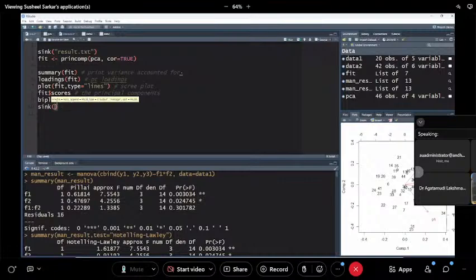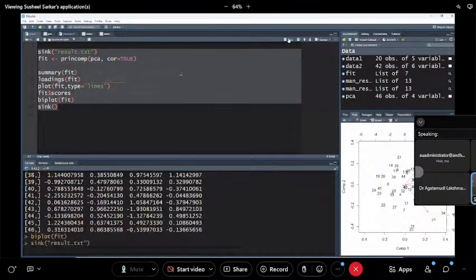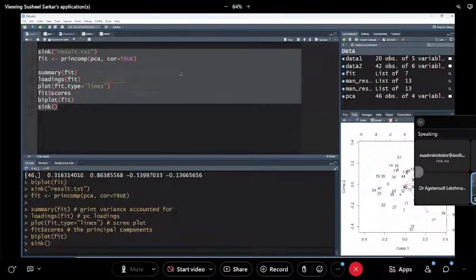I will run all these codes. Now my result would have been saved in my document folder with the name result.txt. But if you have made any workable directory, then this result will go to your desired place with the name result.txt.